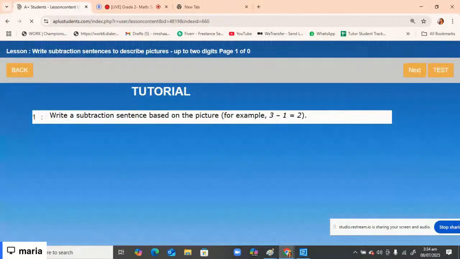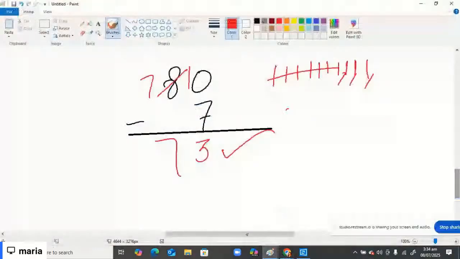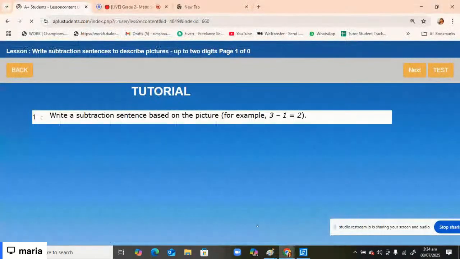Write subtraction sentences based on the pictures, okay? Let's do it. For example, I'm going to draw some pictures.